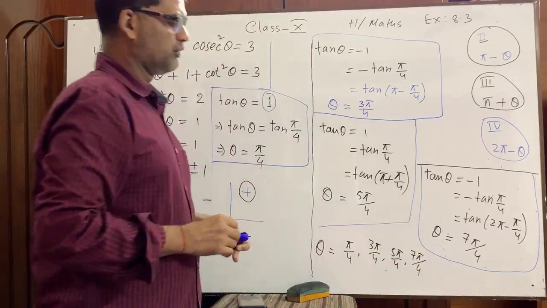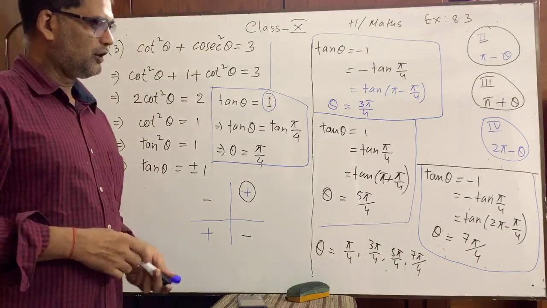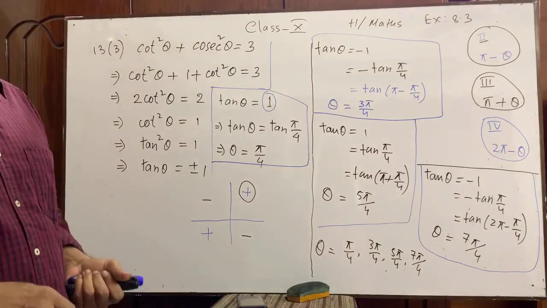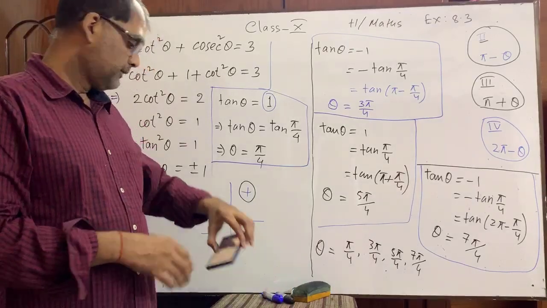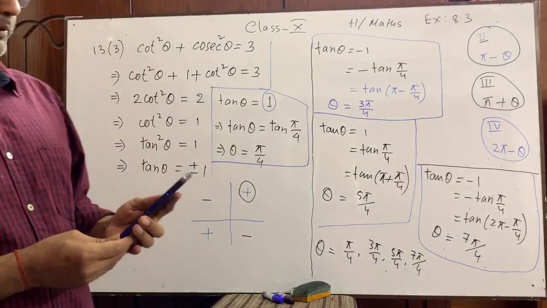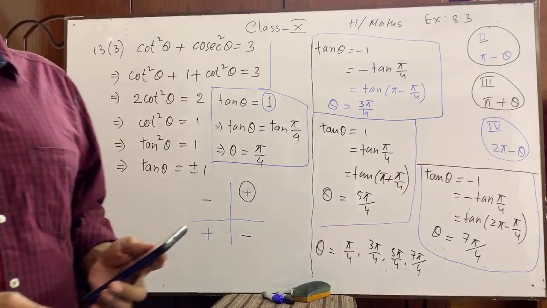Now we have got four values, yes? So our math is done. If you don't understand, please let me know. I am going to see your comment if you have failed to understand anywhere.